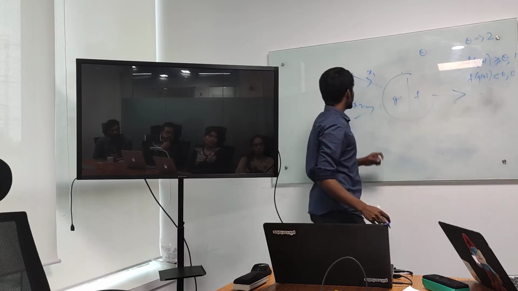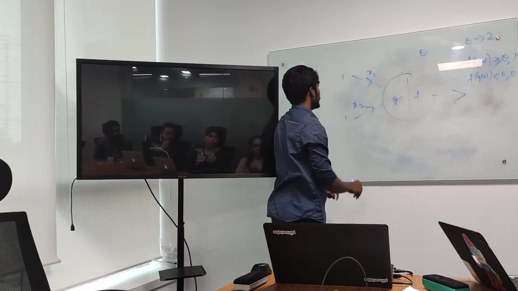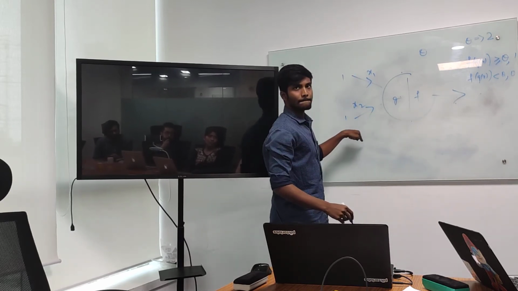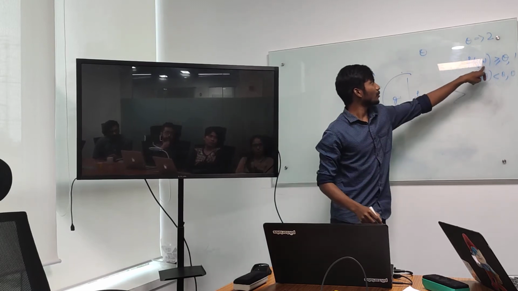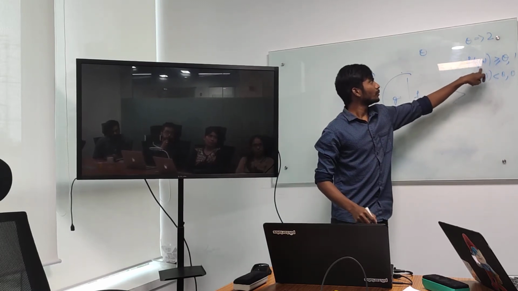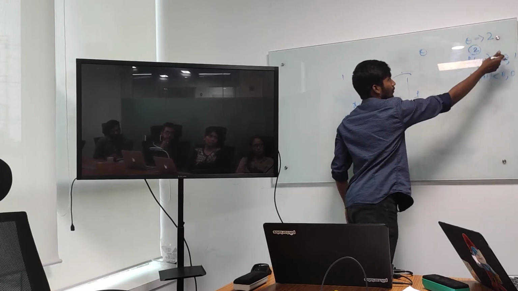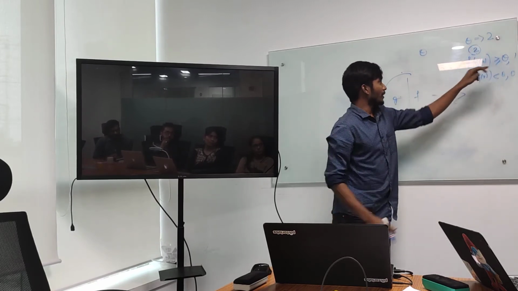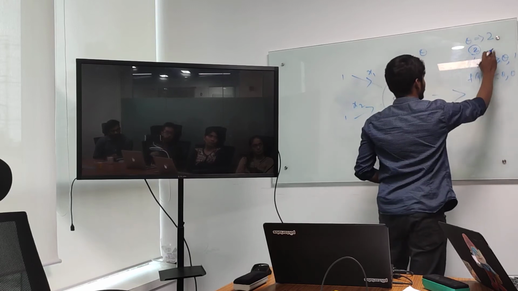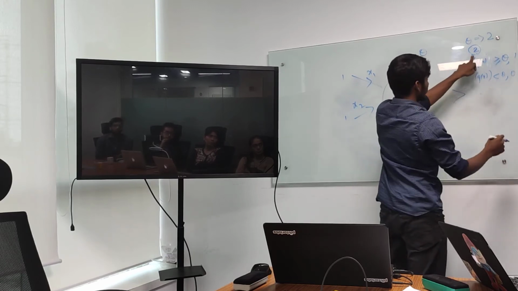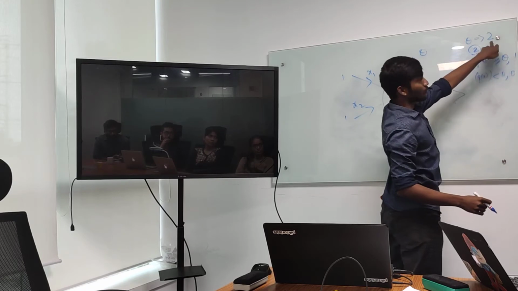So I am defining theta to be 2. Let's say 2, right? So when I get 1 and 1 as inputs, 1 plus 1 is 2. That is, g of x is 2. So g of x, that is 2, is greater than or equal to theta, which is true, right?